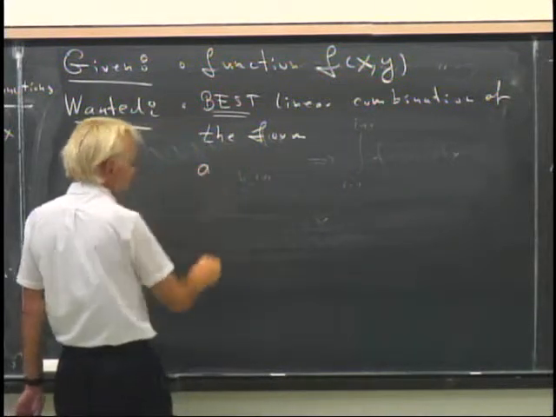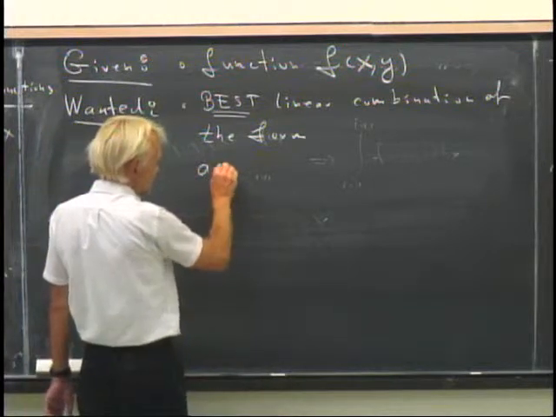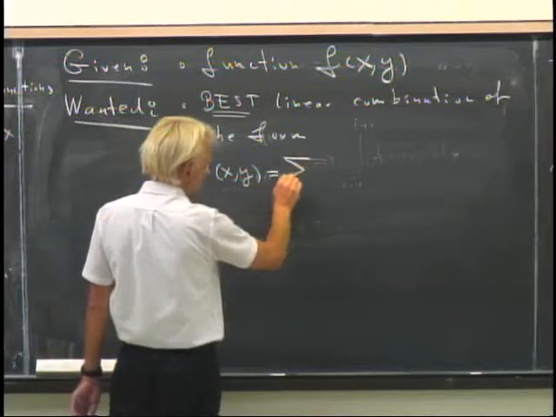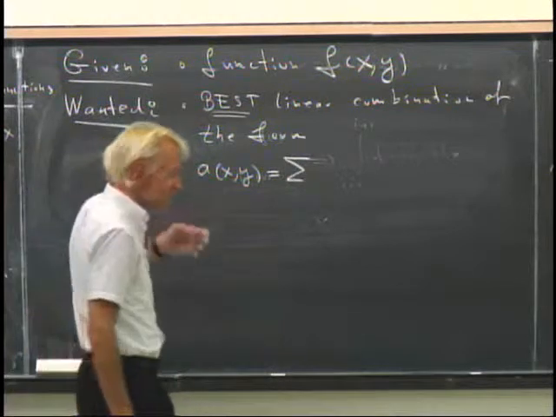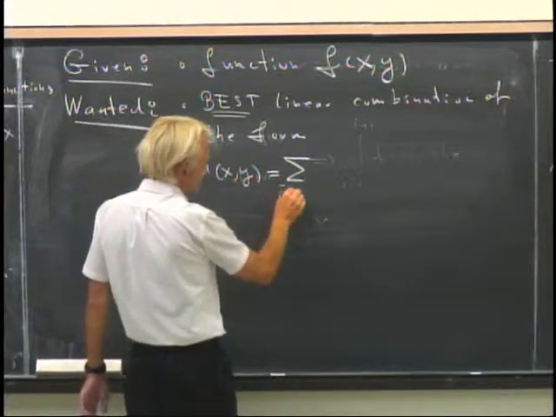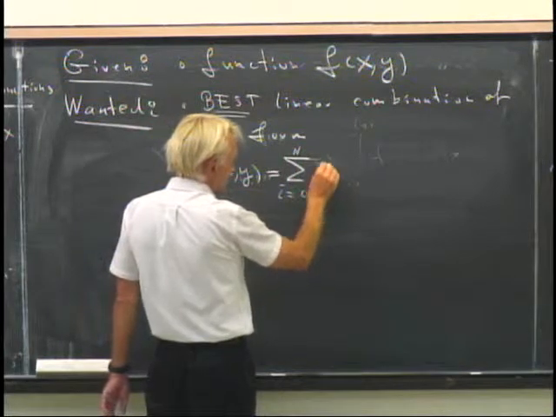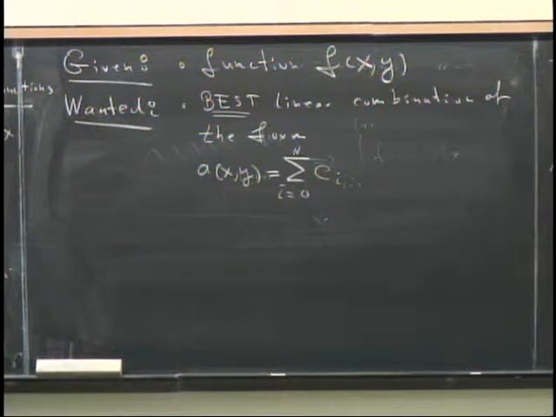The approximation is now a function also depending on x and y, which is a sum. Again, I just have n plus 1 sites from 0 to n, with coefficients c_i that multiply these hat functions.